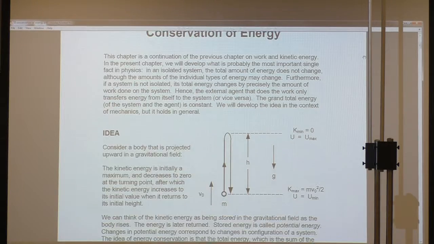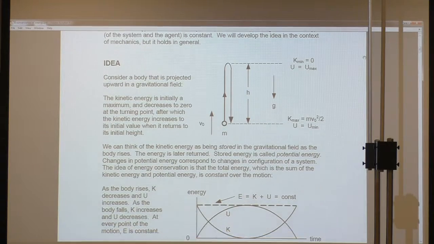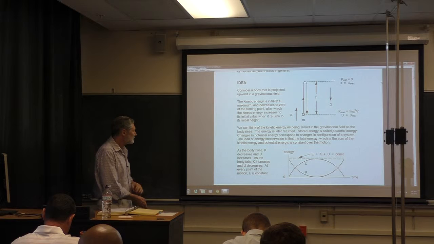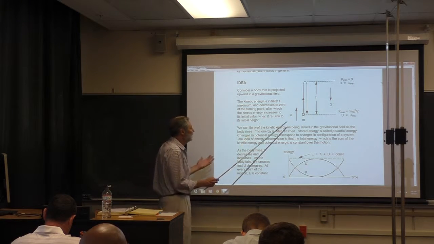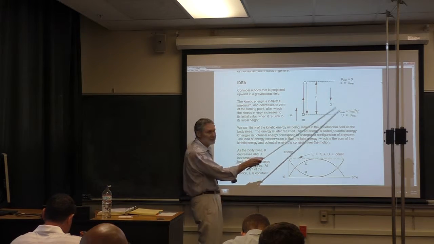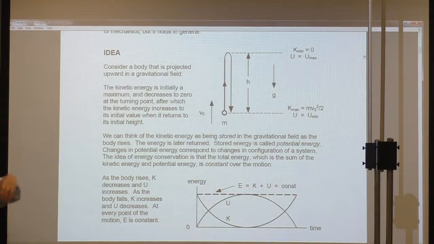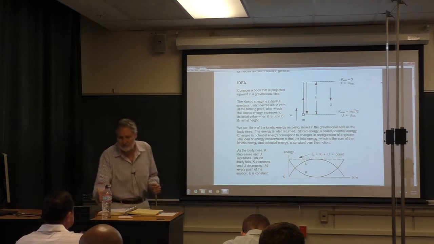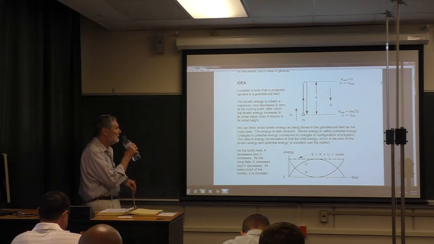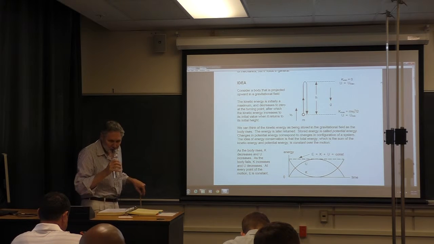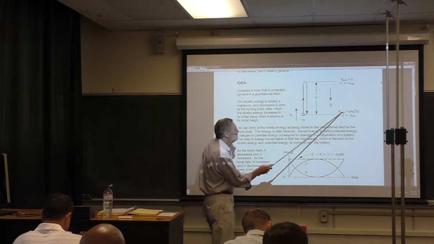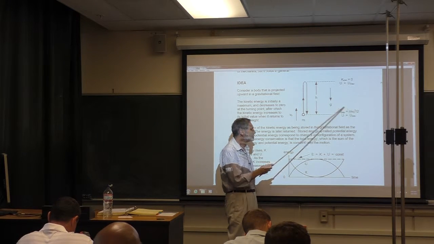Here's the idea. Let's consider the simple case where we have a uniform gravitational field, constant gravitational force on a body, and we project it upward with some initial speed v0. We know that it has kinetic energy, 1/2 mv0 squared.